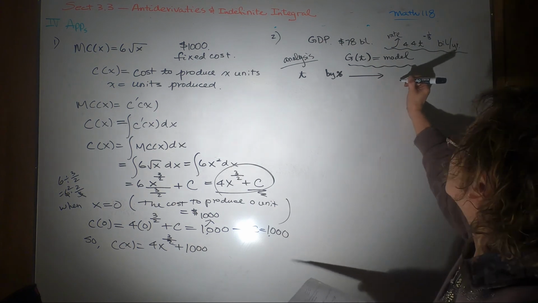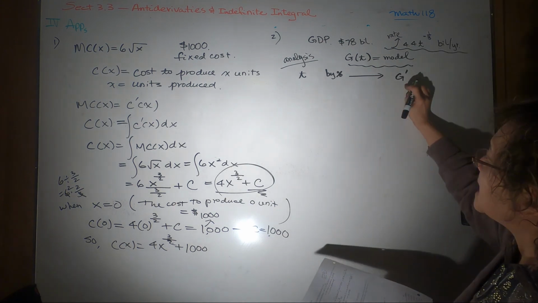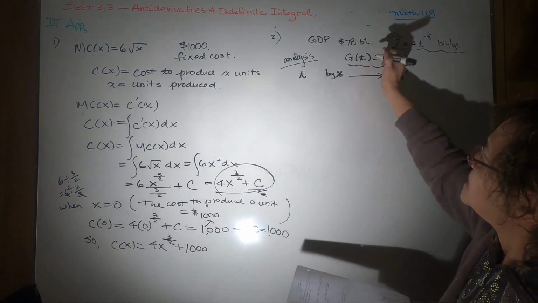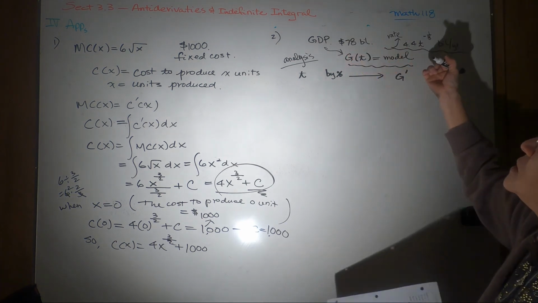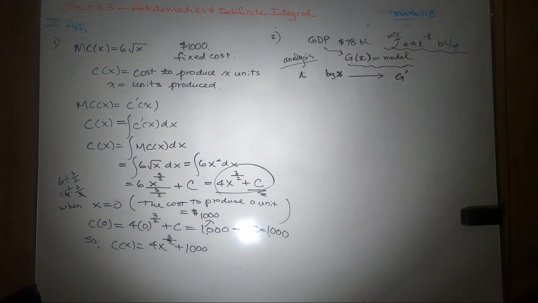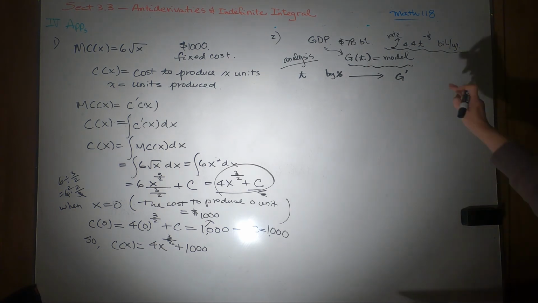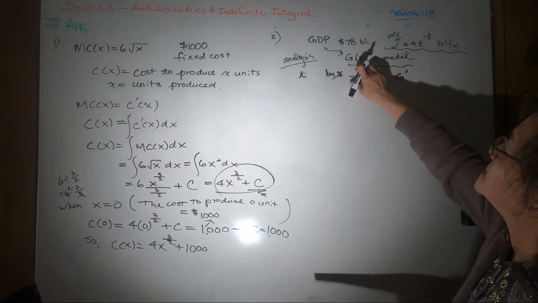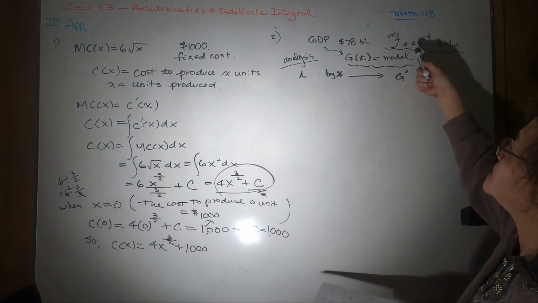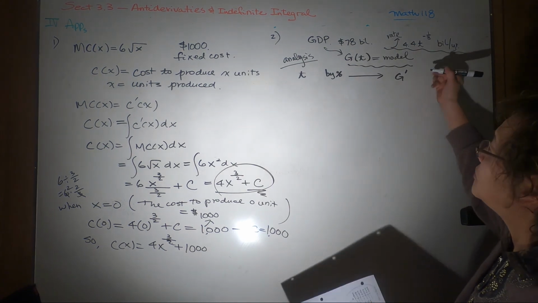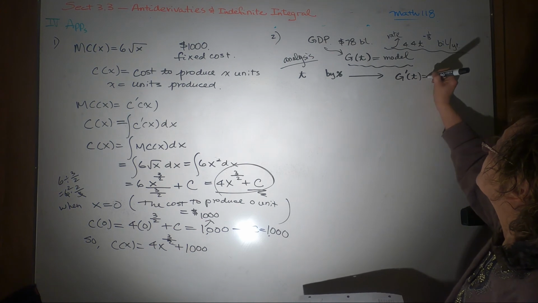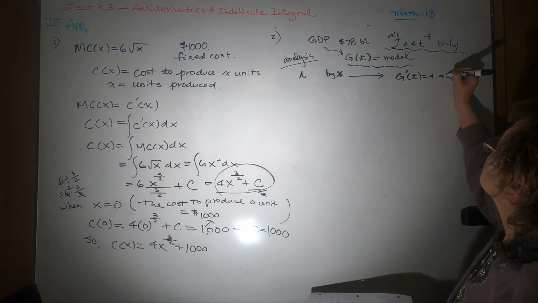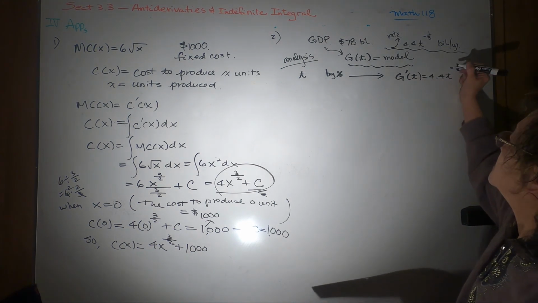That means we have the growing rate. GDP is your domestic product. So the rate of change is this one. That means this is your function. The rate of change is your first derivative, right? That's called rate of change.